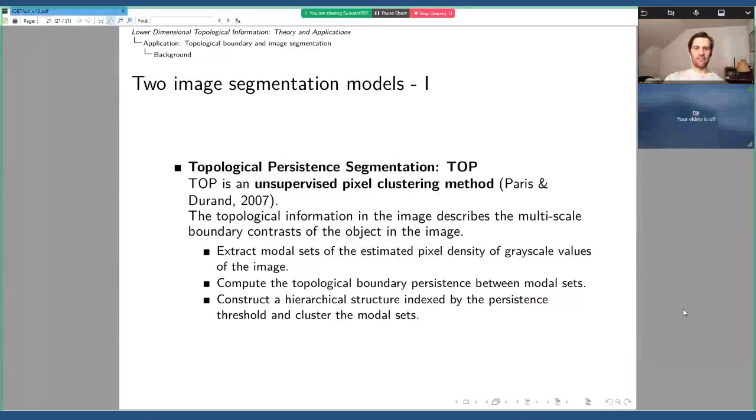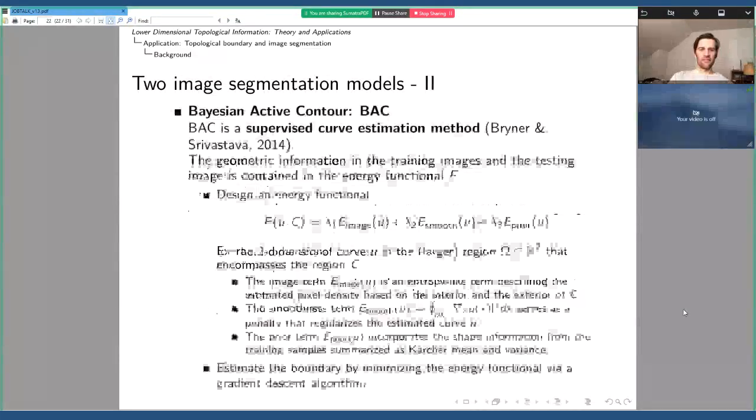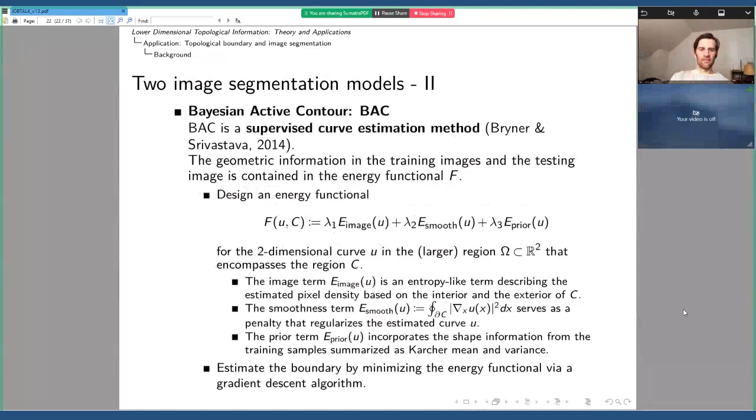Next, we're going to introduce another image segmentation model, which is a variant of the popular active contour model, which we call the Bayesian active contour.